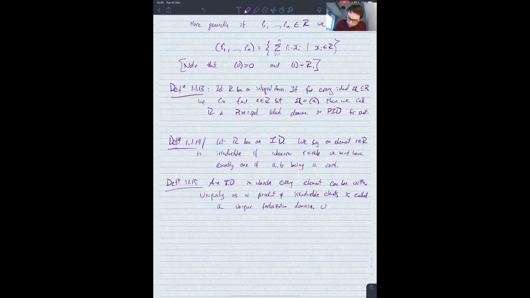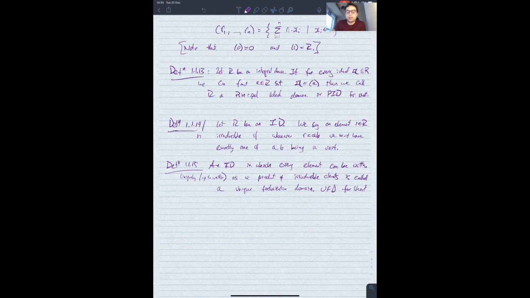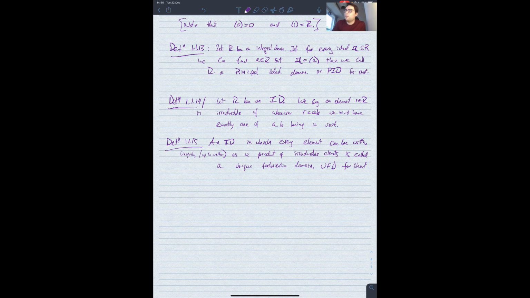You might have seen this before, so I've just written UFD for short. Maybe I should say here uniquely up to units. Just like you can write the number 6 as 2 times 3 or minus 2 times minus 3, the units don't really change our ability to be a unique factorization domain or not.